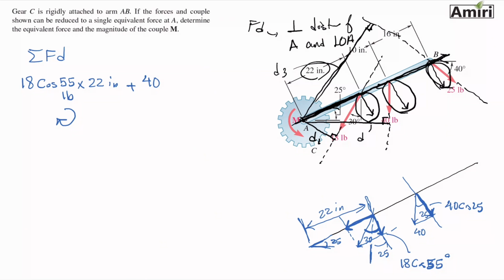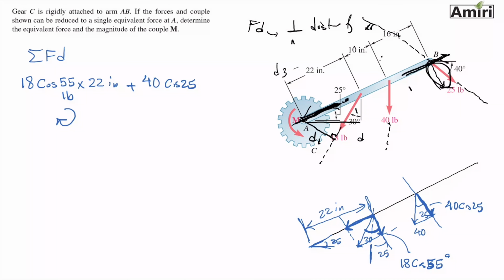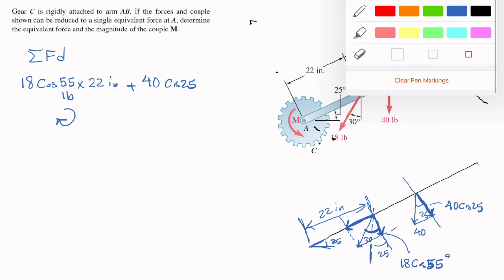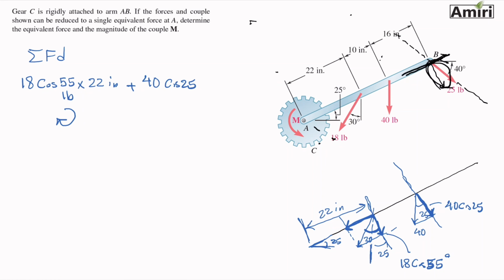I feel like I should clean up this figure a little bit. There. The perpendicular distance between point A and this line is 22 plus 10. Okay, rotation, keep track of it.